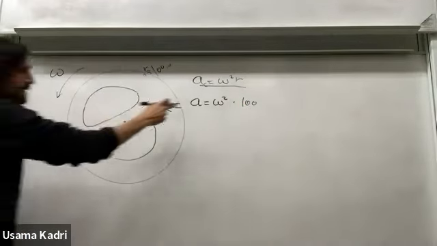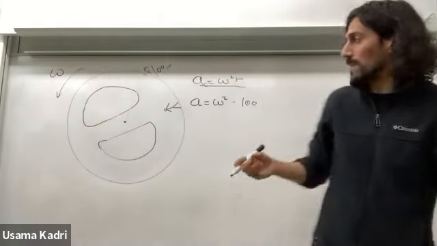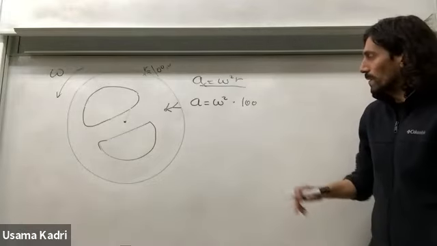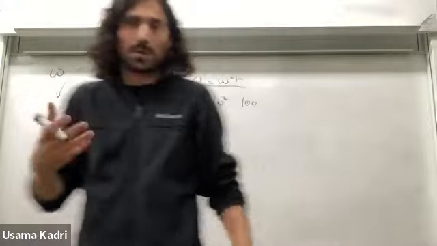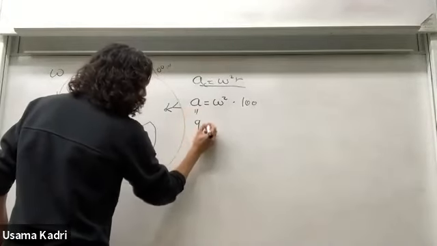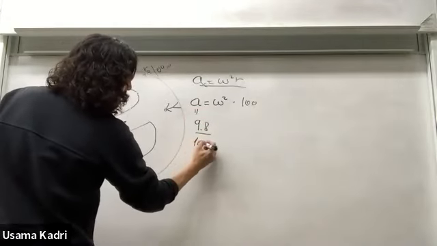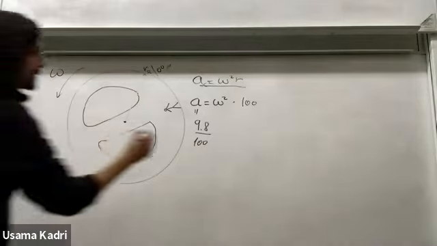And if I want the centripetal acceleration to be comparable to the perceived gravity on Earth, then all I need to do is substitute a being our g, so 9.8. So omega squared is 9.8 divided by 100.